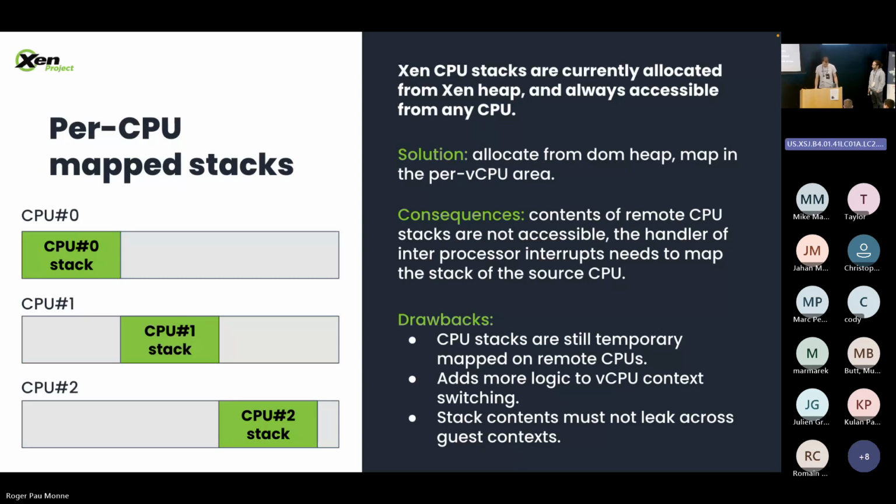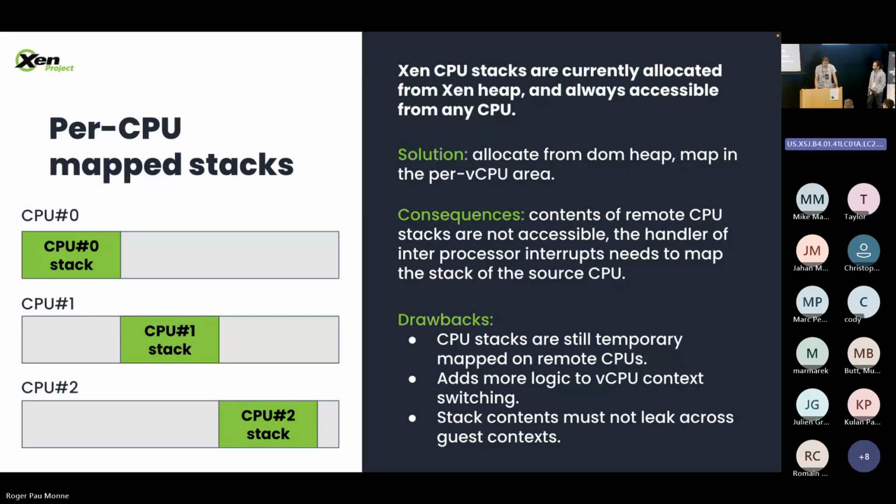So the solution in this case is to allocate the stacks from the DOM heap. If you remember from the previous slide, the DOM heap is the memory that's not permanently mapped. So we need to allocate from that part of the memory.